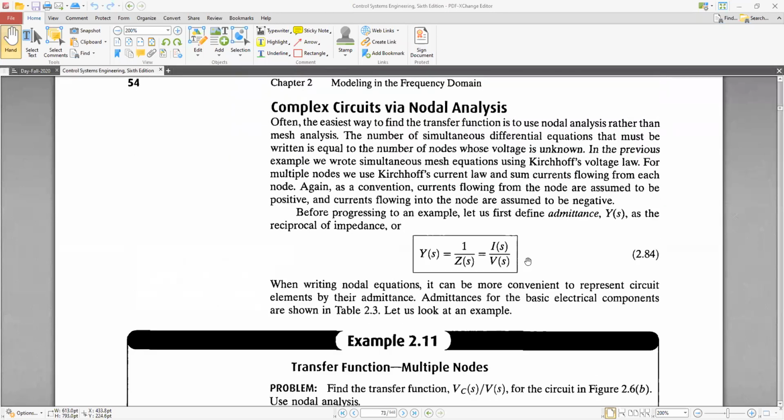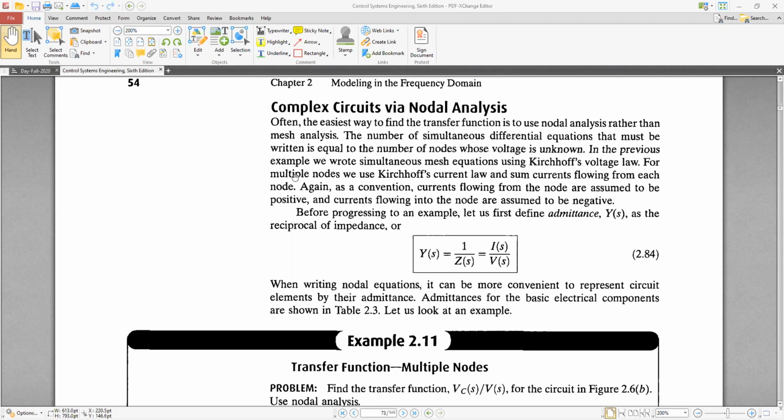Often the easiest way to find the transfer function is to use the nodal analysis rather than the mesh analysis. Sometimes it is easier to use the nodal analysis instead of mesh analysis. The number of simultaneous differential equations that must be written is equal to the number of nodes whose voltage is unknown.